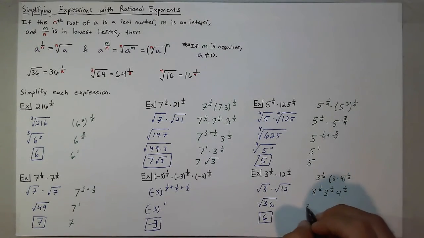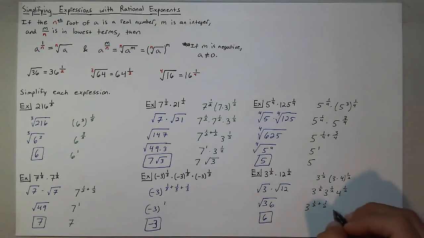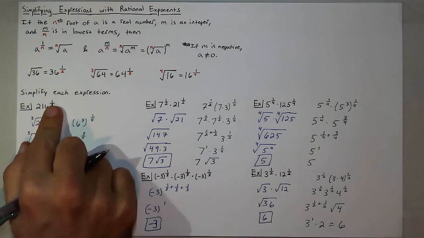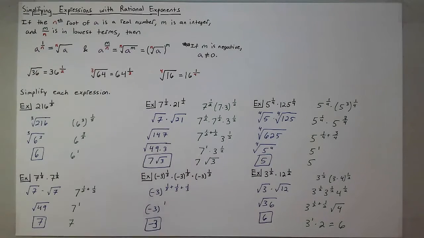This will become 3 to the 1/2 plus 1/2. And then 4 to the 1/2 is the same thing as the square root of 4. So I get 3 to the first times the square root of 4, which is 2, which leads to 6 as well. So many pathways, but you have to understand that when you see a fraction, it represents a radical expression. And that's how you simplify expressions with rational exponents.